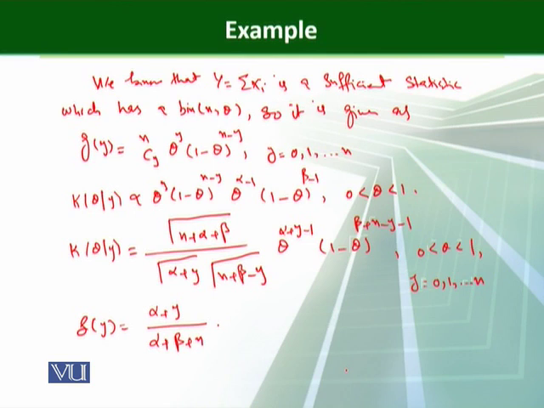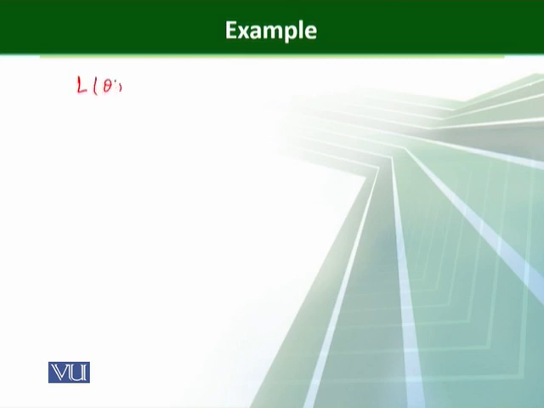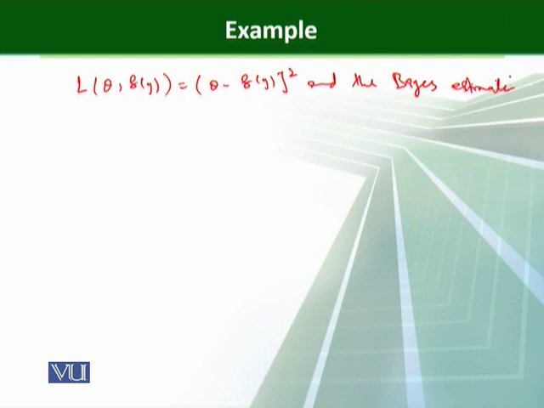So we take the loss function as a squared loss function, that is L of theta, delta y, where we are considering theta minus delta y squared, and the Bayes estimate of theta is the mean of the beta distribution.